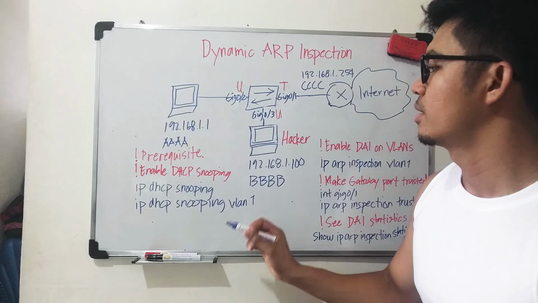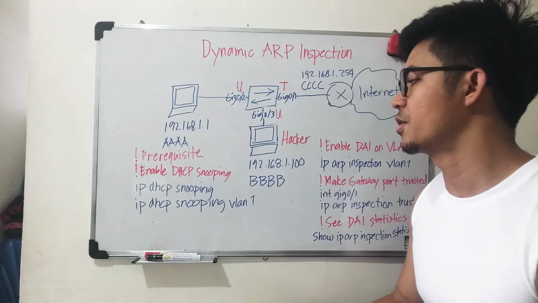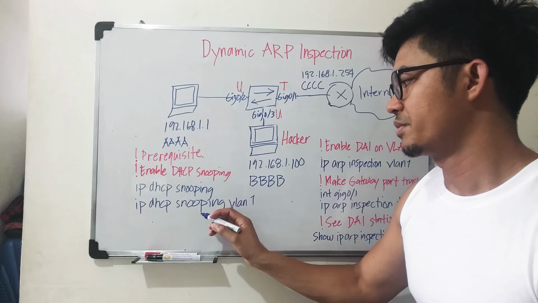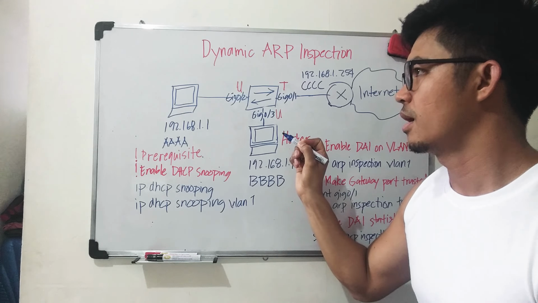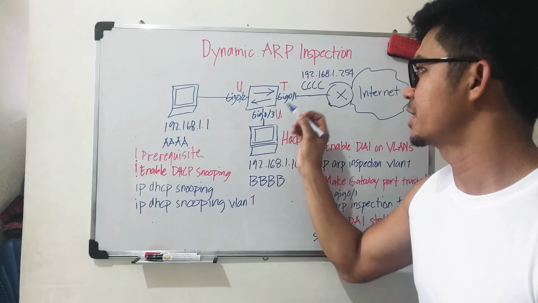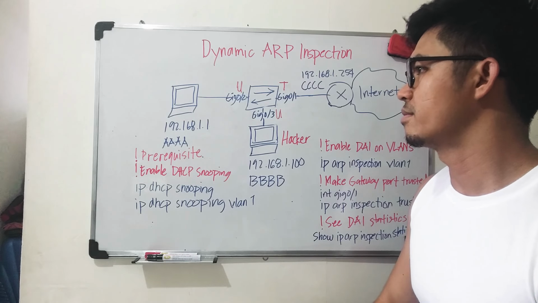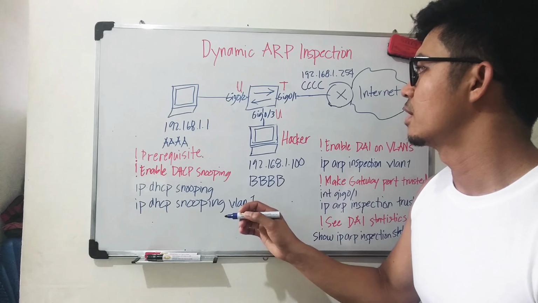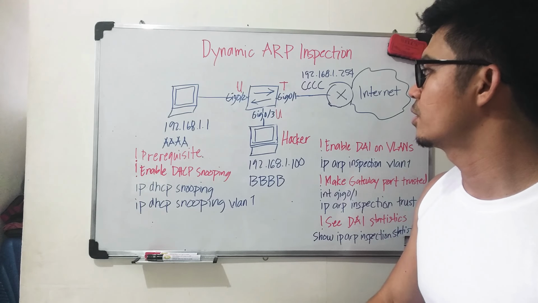So as I talked about in the last video, this basically works by making the port that is connected to the DHCP server trusted, and the rest of the ports untrusted ports.